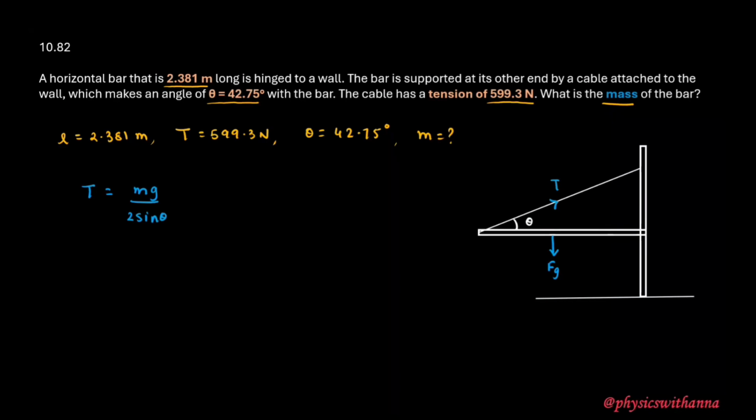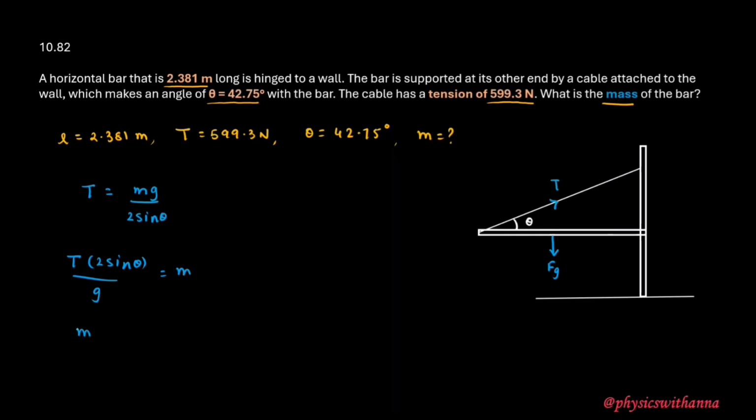Now I'm directly using this expression because in the previous two problems I showed you how to arrive at this part. So you can follow through the same steps to arrive at tension T. Then we rearrange to write in terms of the mass m. So we divide with g and multiply with 2 sine theta. You get T times 2 sine theta over g equals the mass m.